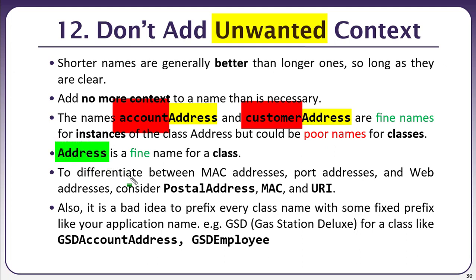Now let's say I want to differentiate between different types of addresses, for example for the network: between the MAC address, the port address and the web address. Instead of using a prefix or suffix with every name like MAC address, port address or web address, I can get rid of that unwanted context by choosing some appropriate, different names.